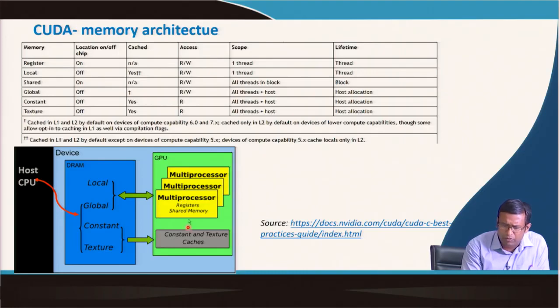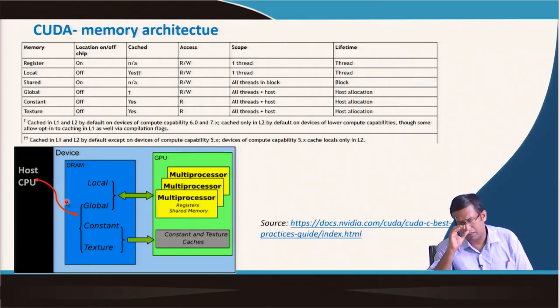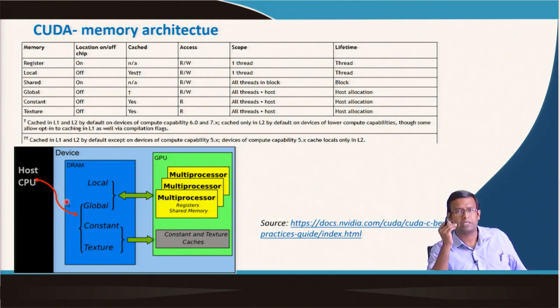And if the cores need to read this value, they can read it from there. So there is a cache for constant and texture which sits on the chip. The GPU has two parts: one is the GPU chip, another is the device RAM attached to that GPU chip, with the processors or TPCs, texture processing clusters, through an interconnect bridge.